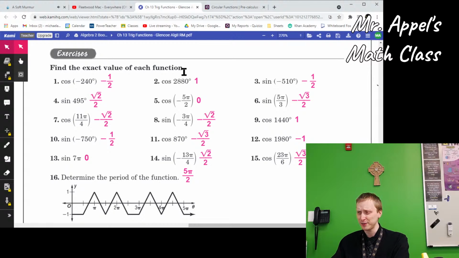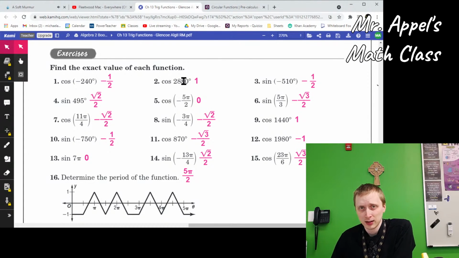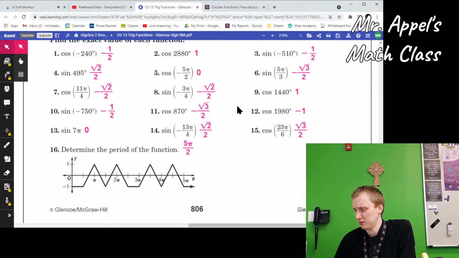The exact value for each function, you're like, what the heck? 2,880 degrees. Yeah, it turns out you're spinning in place a whole lot and you land back on 1 anyways. So there you have it. And let's see, can I get 16?